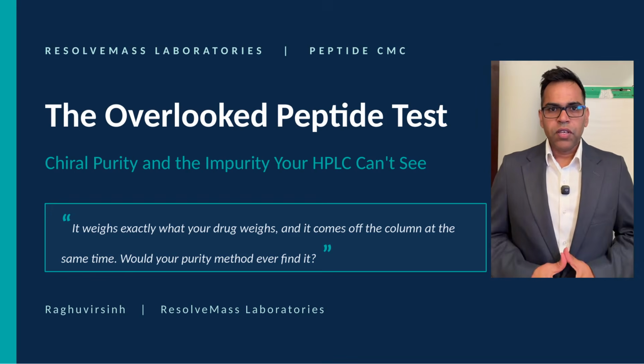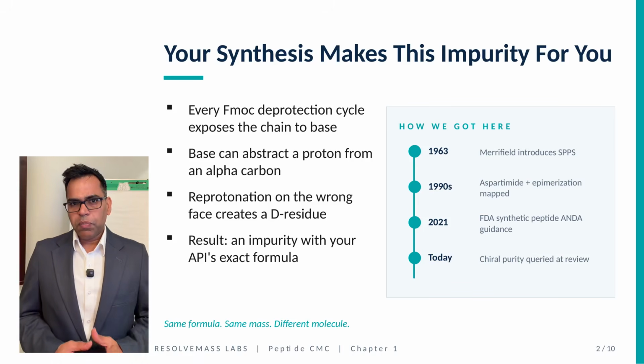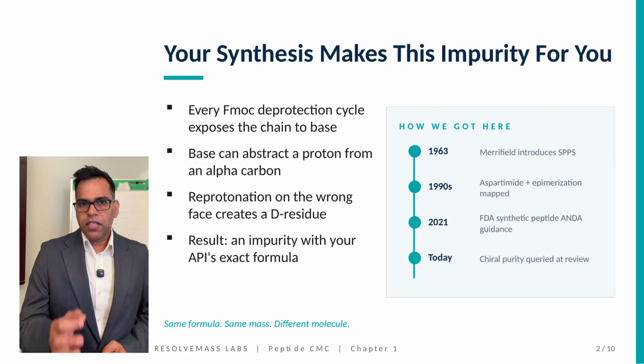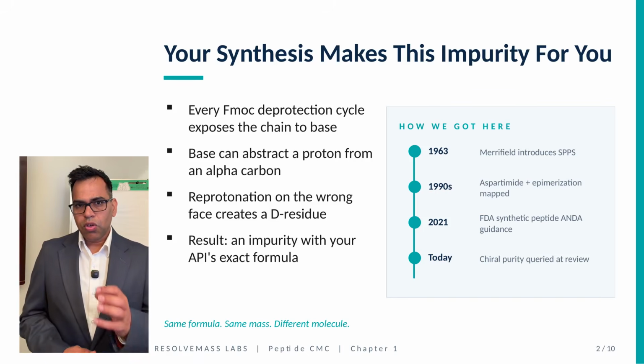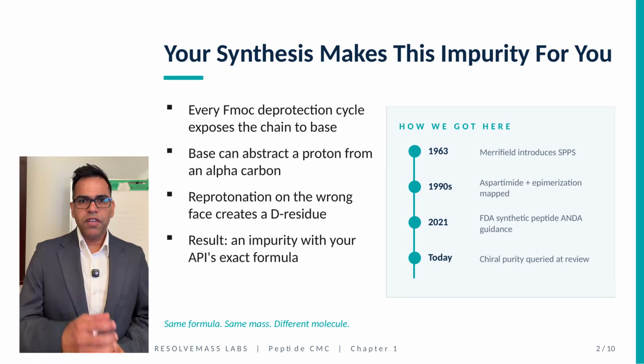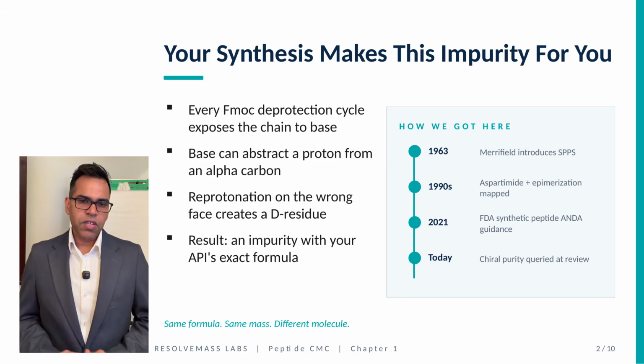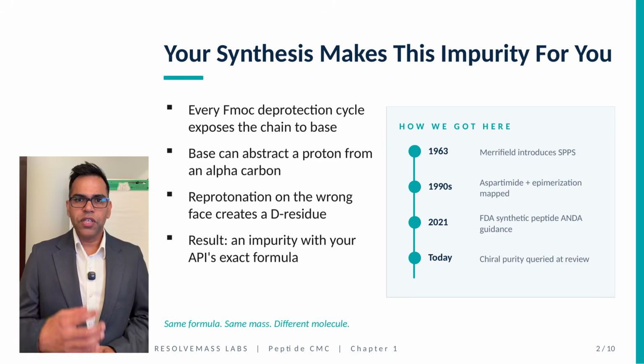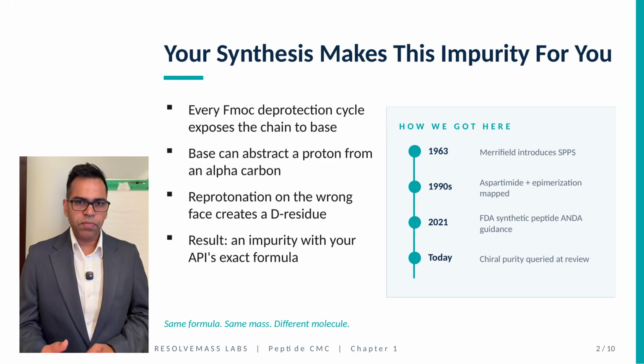Let's start. Solid phase peptide synthesis has a quiet side effect, documented since not long after Merrifield gave us the technique. Every deprotection cycle exposes your growing chain to base.